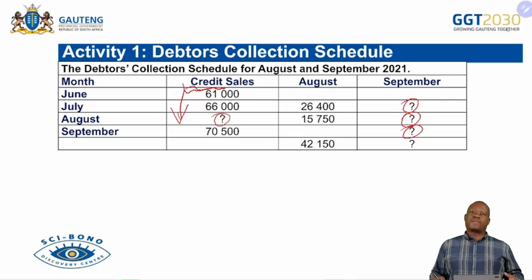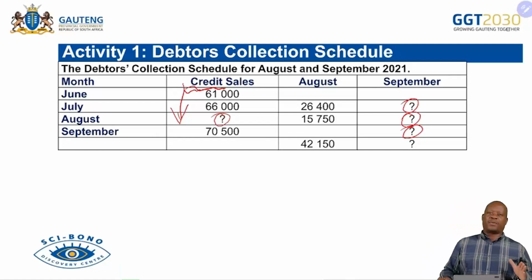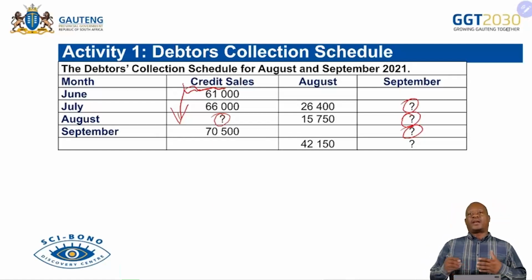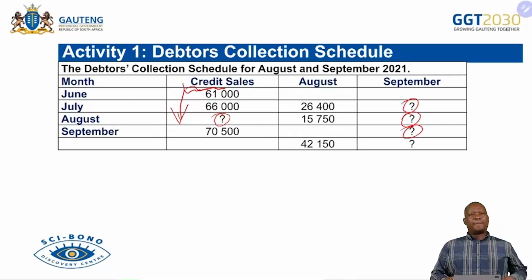Yes. 75 over 25 multiplied by the cash sales will give us the credit ones. Whichever way they are going to give us the information, we don't have a problem. And then we can now move forward. Now let's go to this side. The September collections. Please take note.